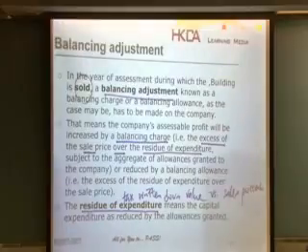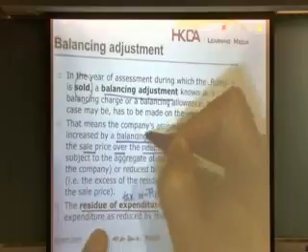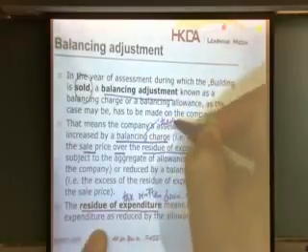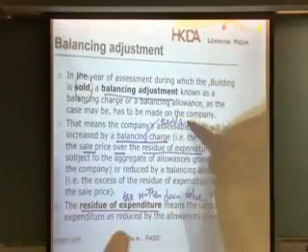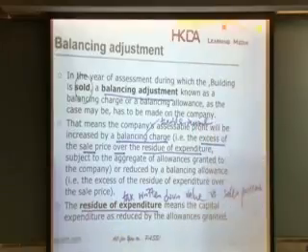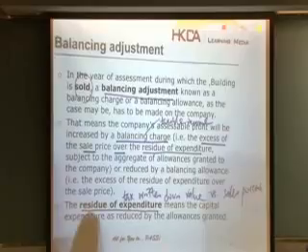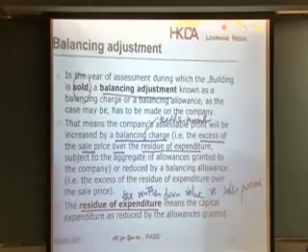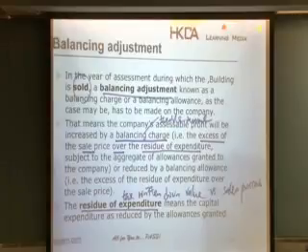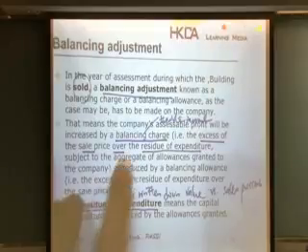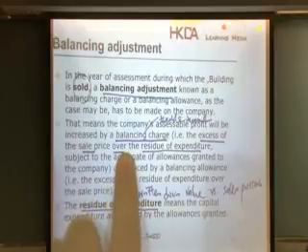Balancing charge is actually classified as income, taxable. The other way around, if your sales proceeds is less than the tax written down value, which is very unlikely in nowadays, because normally when you sell the property, it's much more higher value than you purchase the property. So normally you will get balancing charge as income. All right? Okay, page 25.